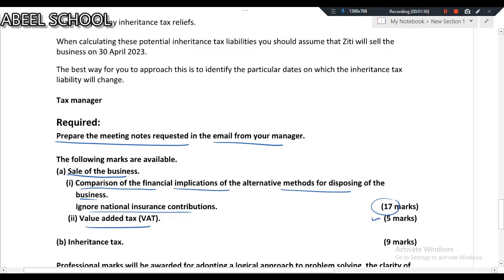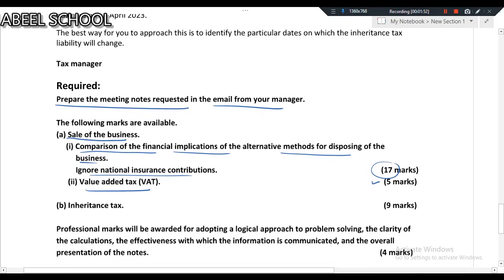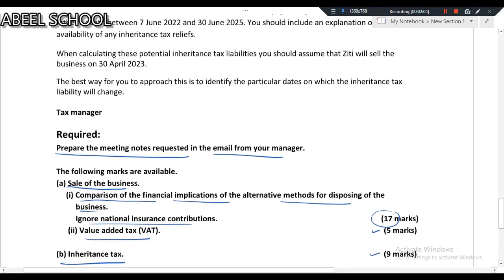Value added tax will give you 5 marks, we have discussed that already. Inheritance tax will give us 9 marks. Till this video we have not studied inheritance tax, but later on we are going to study it, inshallah, and you will be getting 4 professional marks as well.